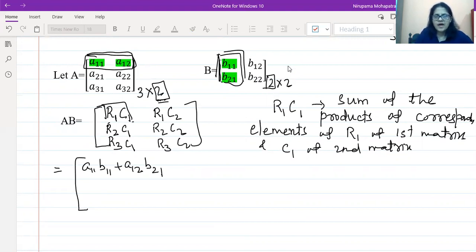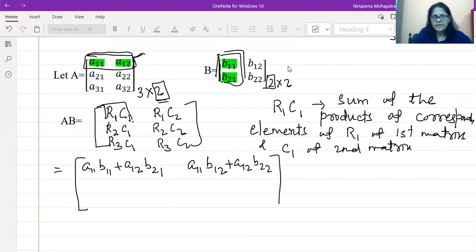Then next you can see R1, C2. We take R1 from the first matrix, and from the second matrix we take the second column. So it should be like this: A11 B12 plus A12 into B22.